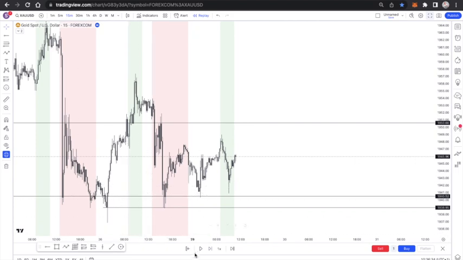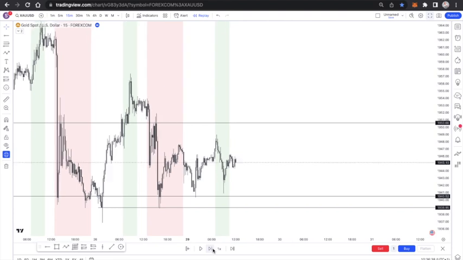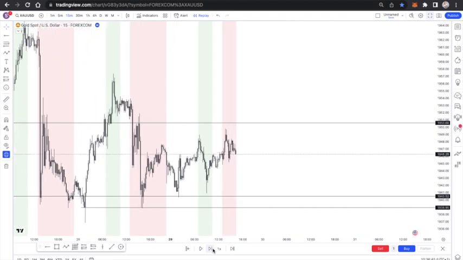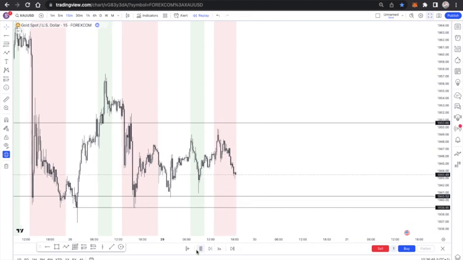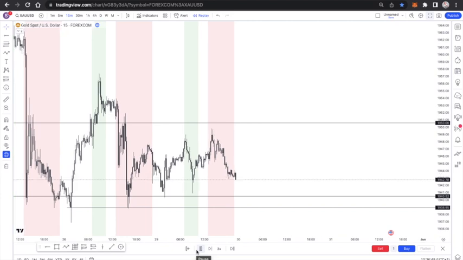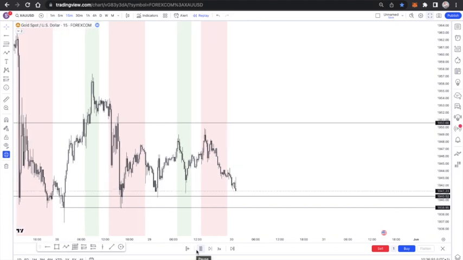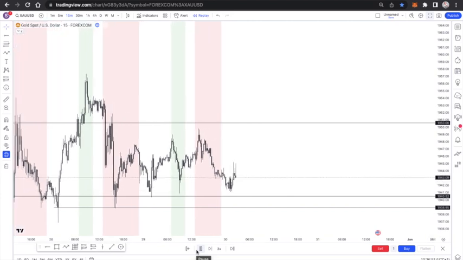That's where the money is. That's where we enter. And liquidity also. So in our next class, we talk about liquidity and how it relates to the institutional areas.